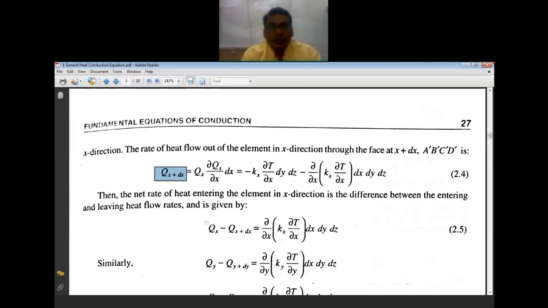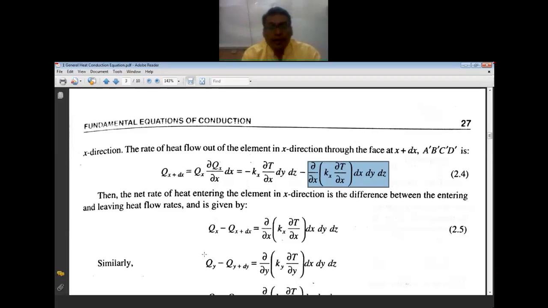So the net heat is Qx minus Q of x plus dx, and you will get this term.